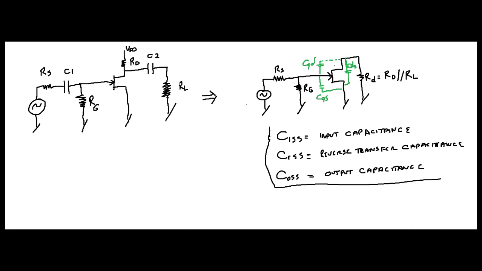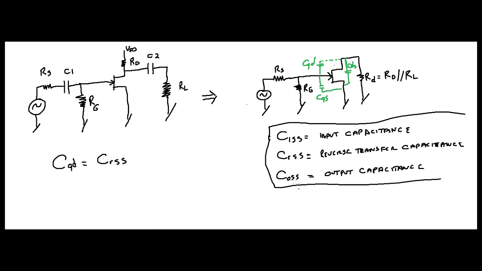Now, when you have those values, how do you calculate what your capacitances are? CGD, CGS, and CDS. So here you go. This is what you need to know. CGD, gate drain capacitance, right? That's equal to CRSS.